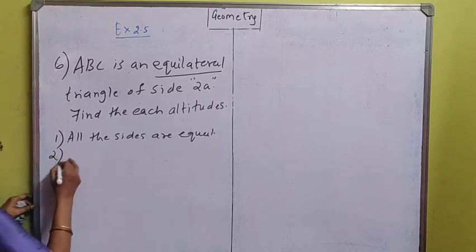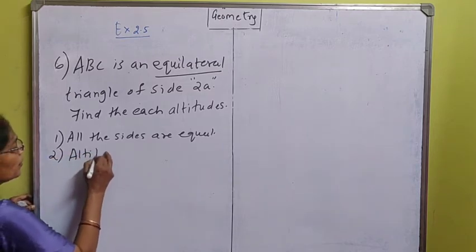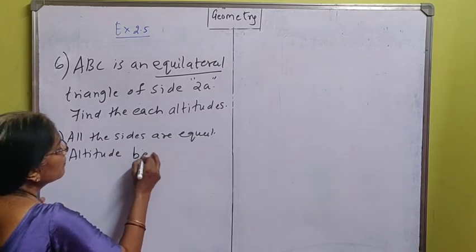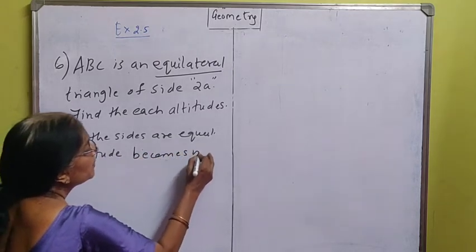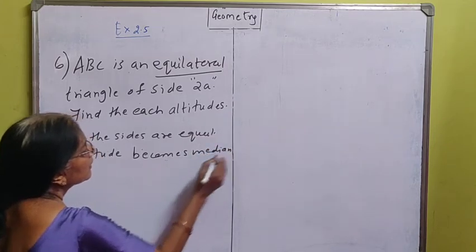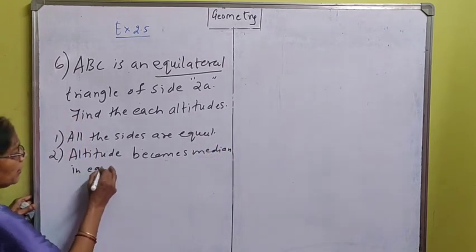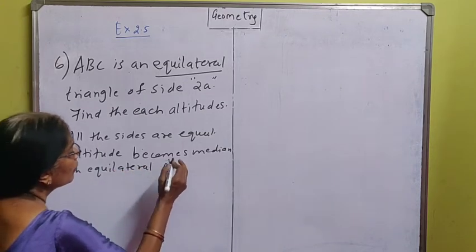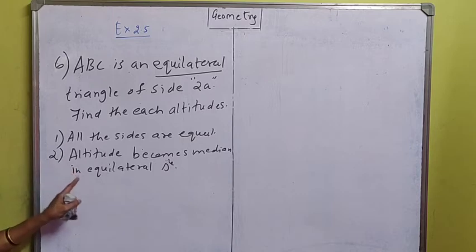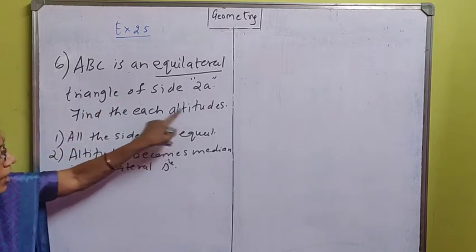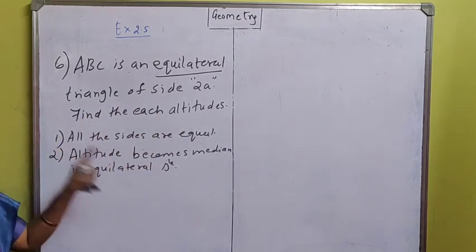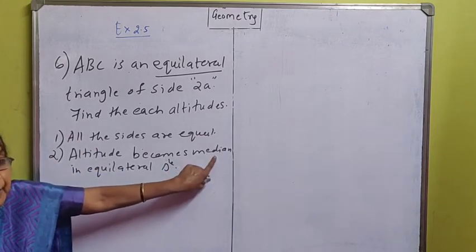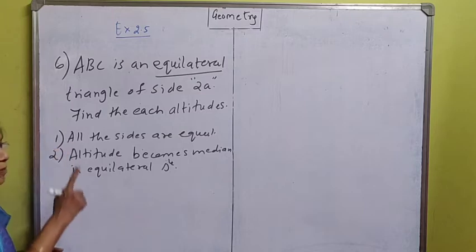Second property is that the altitude, which we are going to draw, becomes the median in an equilateral triangle. Very important. In this triangle only the altitude will become the median. That means the altitude I draw is going to bisect the base, so it is also going to become the median. So remember these two properties.